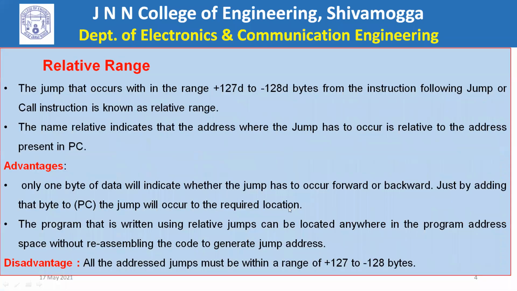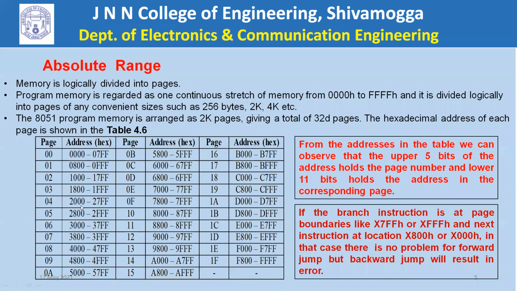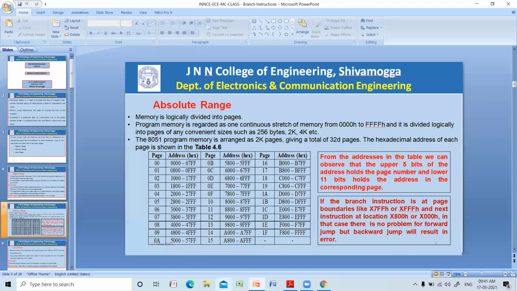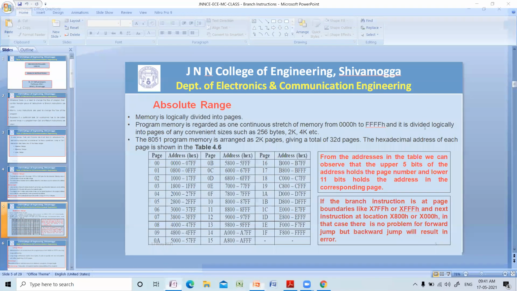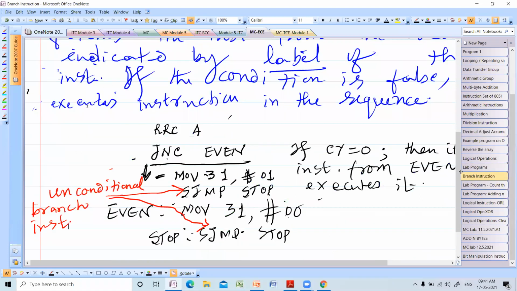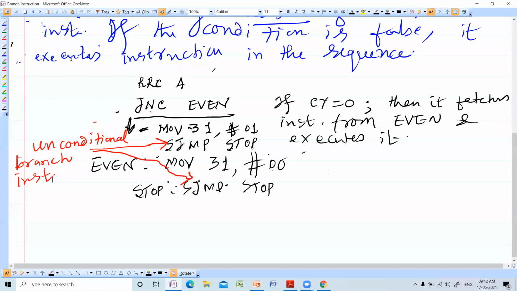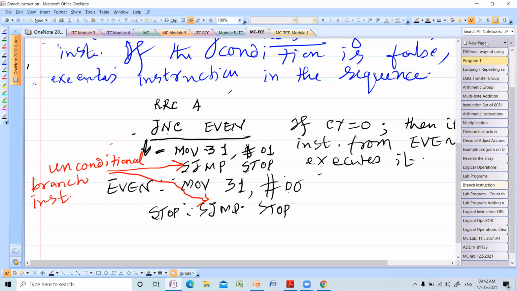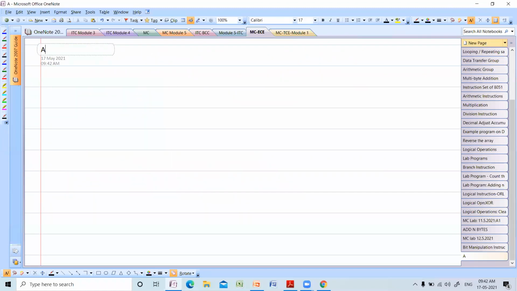Let us see that in detail, using our digital pad. Address ranges for branch instructions. Let us have that title.